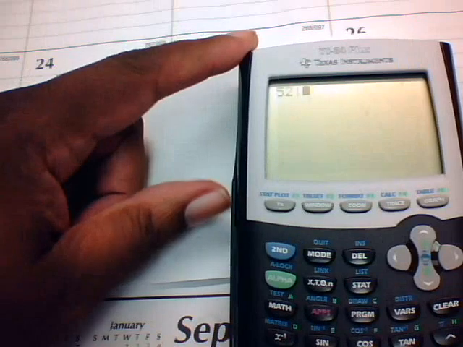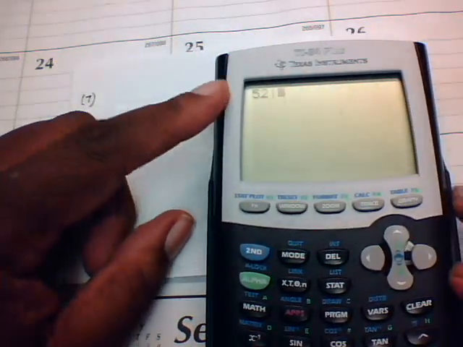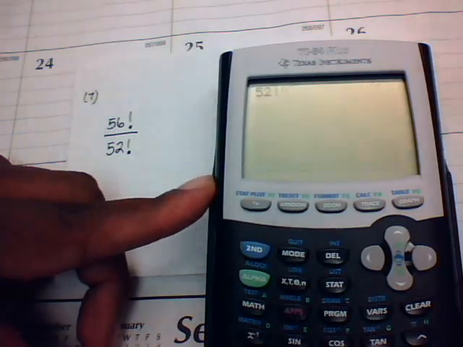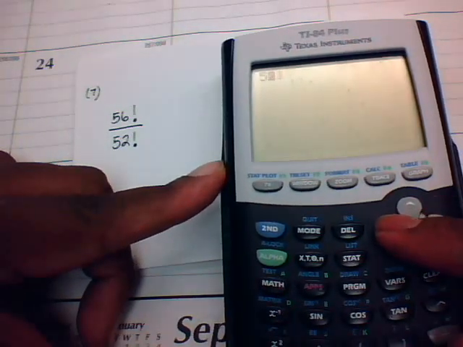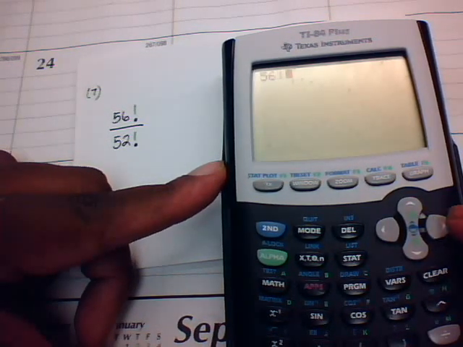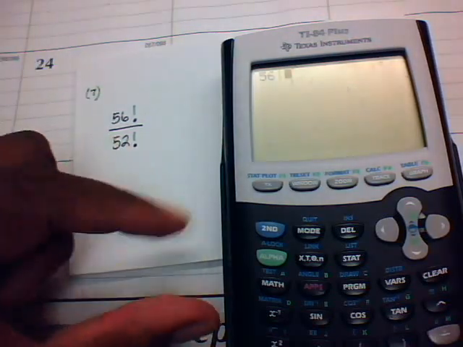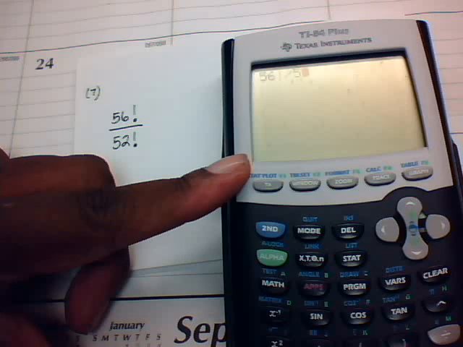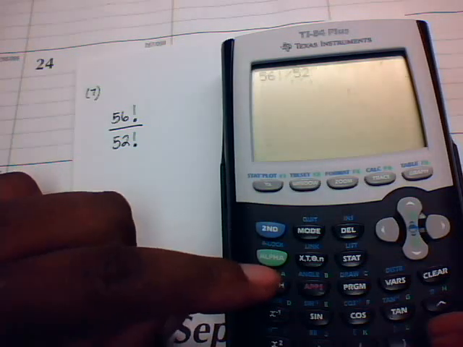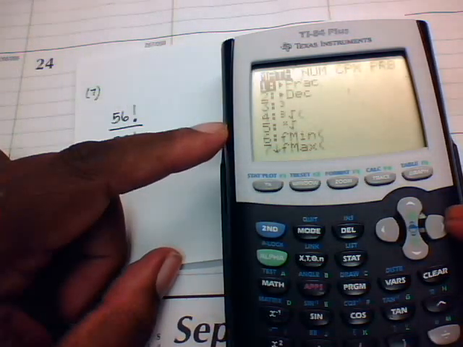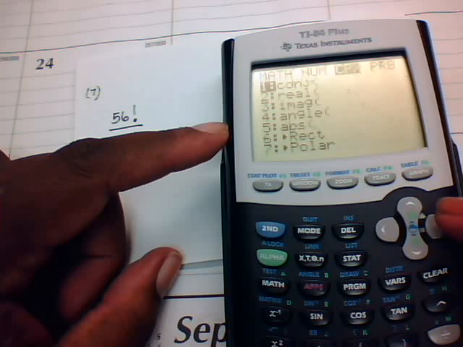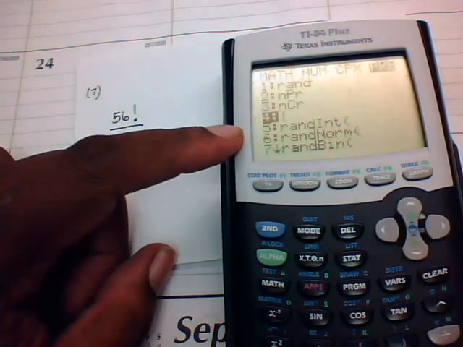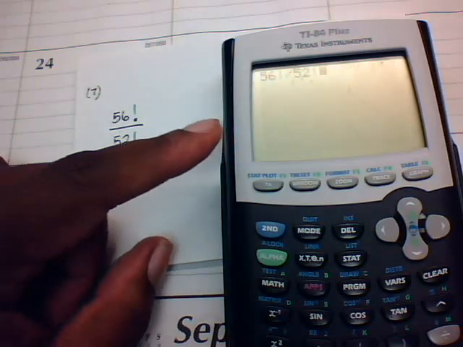So that's going to be 52 factorial. And then that's going to be divided by, that's 56 factorial. Okay, 56 factorial divided by 52 factorial. So you do 52 and then hit your math key. Use your right arrow key to the PRB menu. You'll select number 4. Then hit enter.